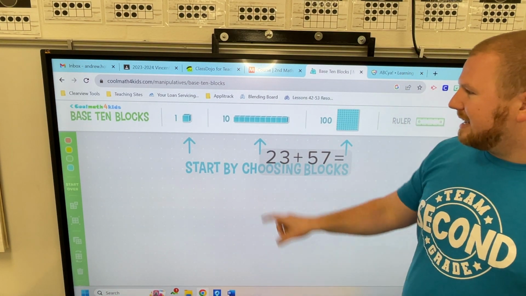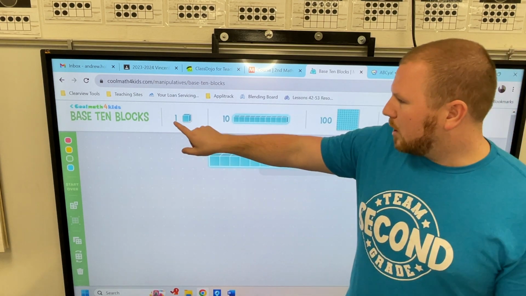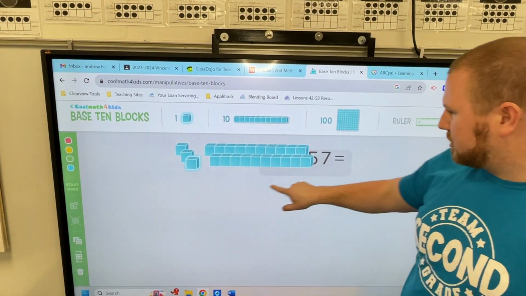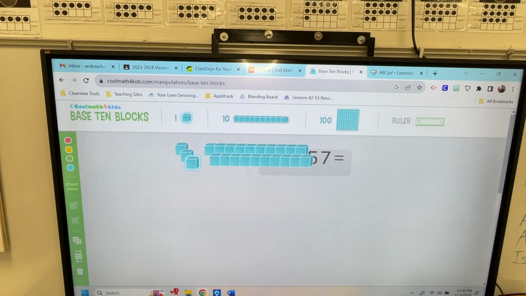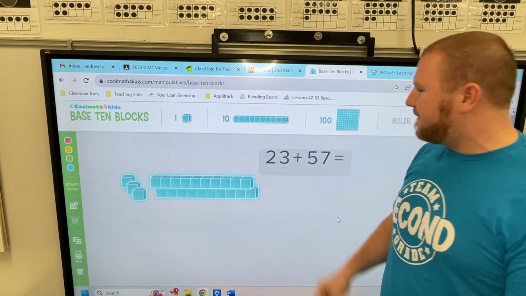So 23 is 10, 20, 21, 22, 23. So that's 23. I can do it on my laptop, which I have here. If you hold down and draw a circle, it selects them all, and then you can move them. So I have those, and now I want to do the 57 part.